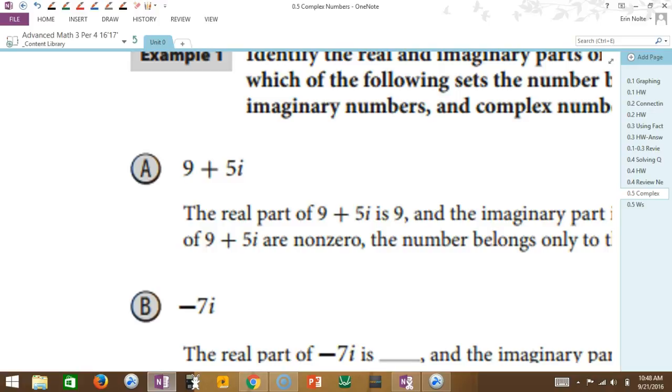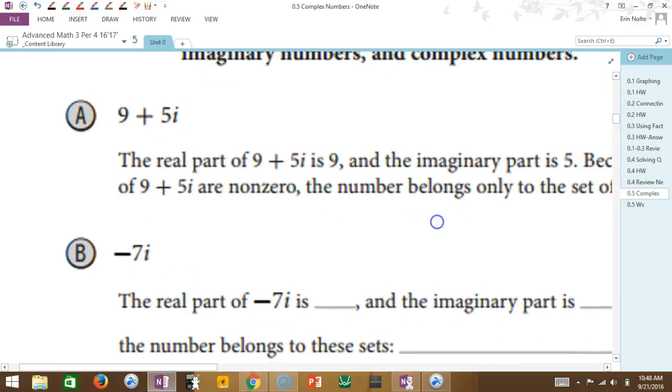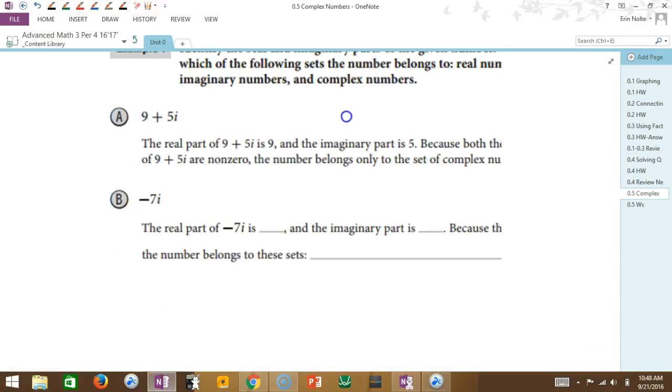And what's the imaginary number? 5i. What about this one, -7i? What is the real number? 0. Okay, 0 plus -7i. 0 is the real, so what's my imaginary piece? -7i. So that's just identifying your terms.